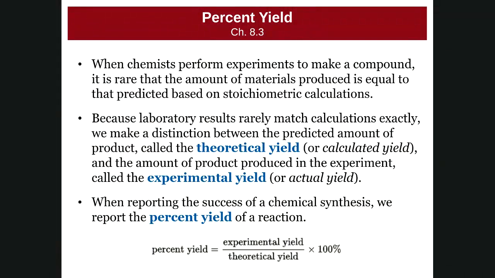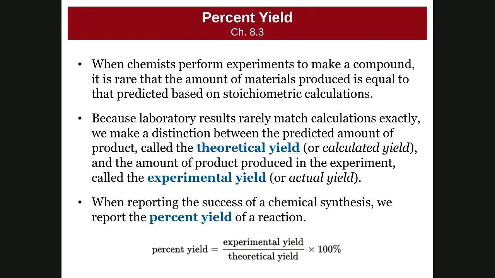You can also have a percent yield that is higher than 100%. So you can actually have a higher amount of material produced than was predicted if you are including things that are not the product that you wanted.